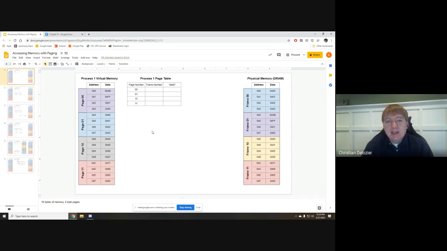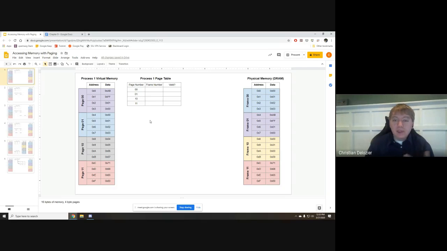So we can see here that we have virtual memory for process 1. Some of that virtual memory is mapped to physical memory in DRAM, but not all of it. And a page in virtual memory doesn't necessarily correspond to the same page in physical memory, right?